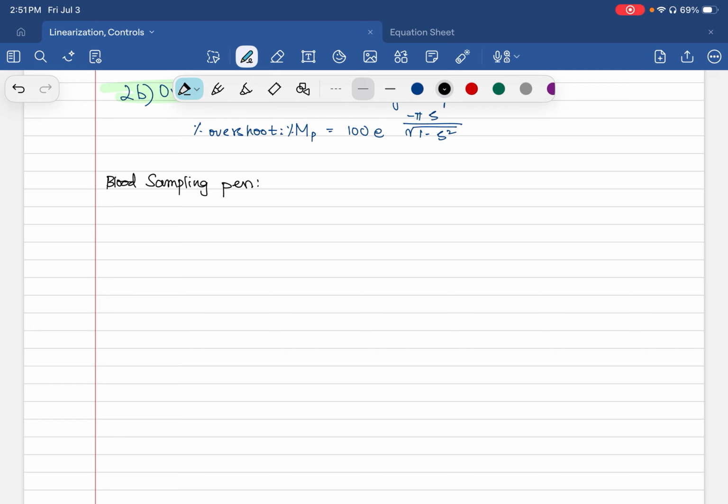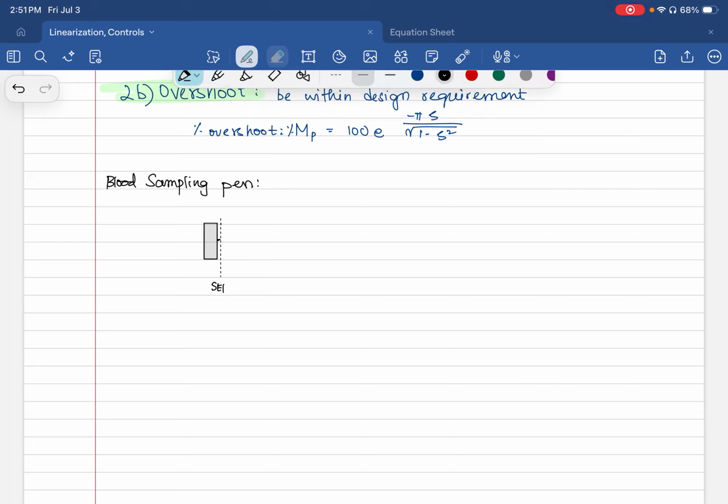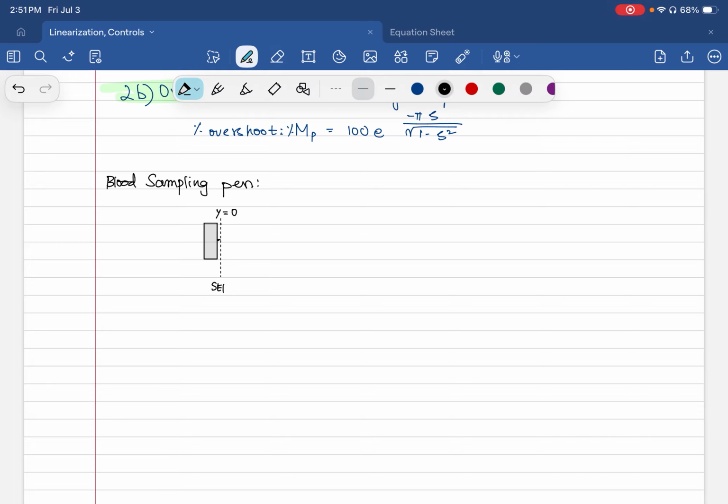Now, the dynamics of the system can be captured using the same spring mass damper system. There is a little pin at the end of this mass, and when it is resting, it's given by y equal to 0. Well, actually, it will not be the SEP, because it's actually loaded, so let's not call it that.